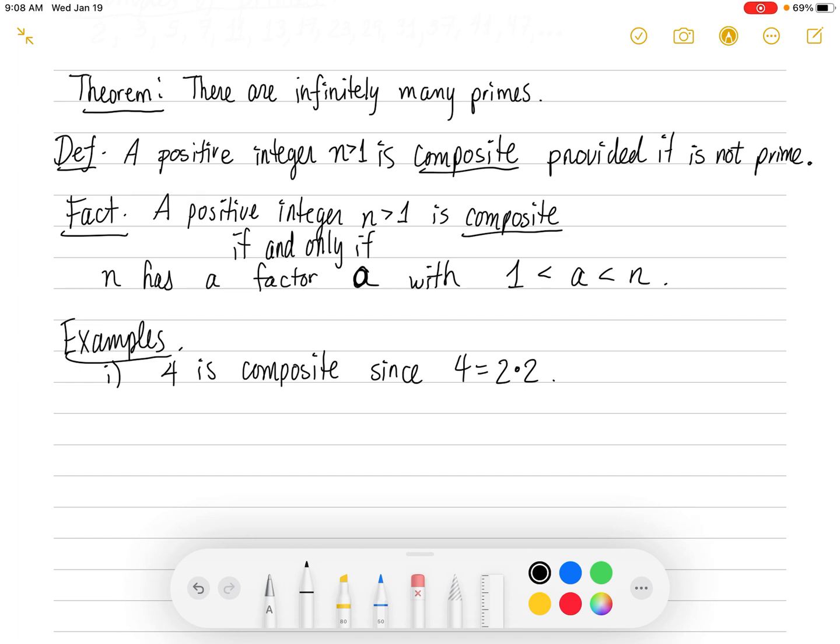So it has factors besides 1 and 4, right? 2 times 2. What else? 6 is composite since 6 equals 2 times 3, right? It has these factors which are neither 1 nor 6.